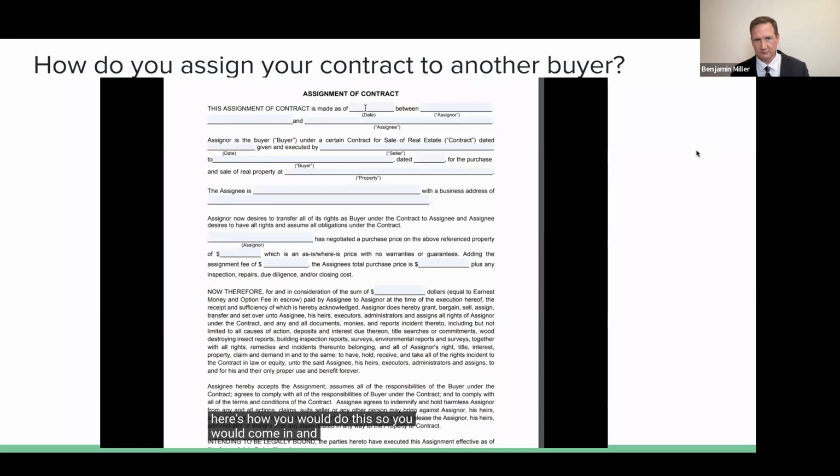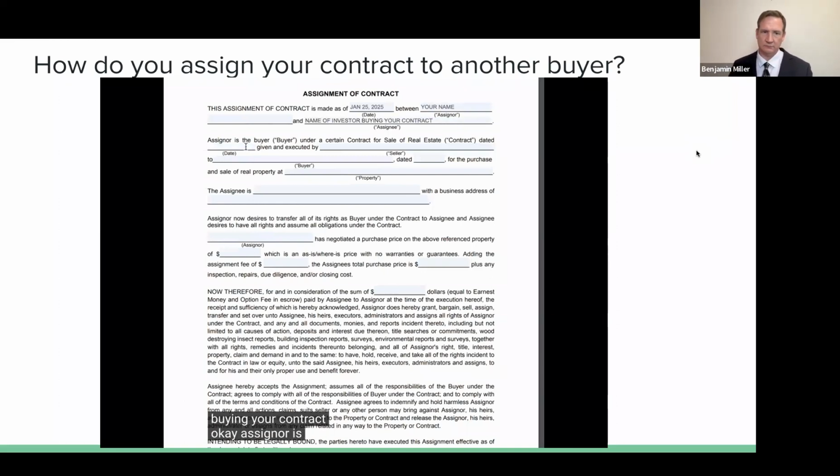First, it's going to reference when was the original contract. Let's say it's December 25th. Between assignor, that is your name, and assignee, this is the name of the investor buying your contract.